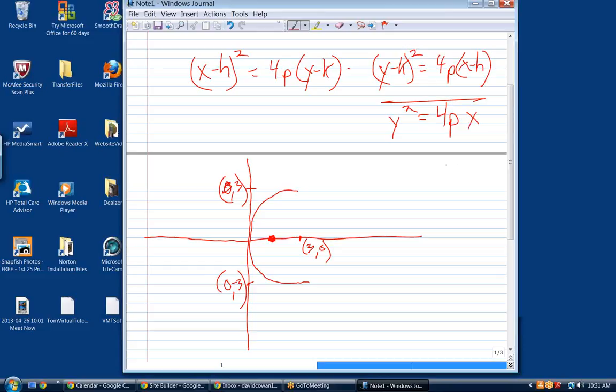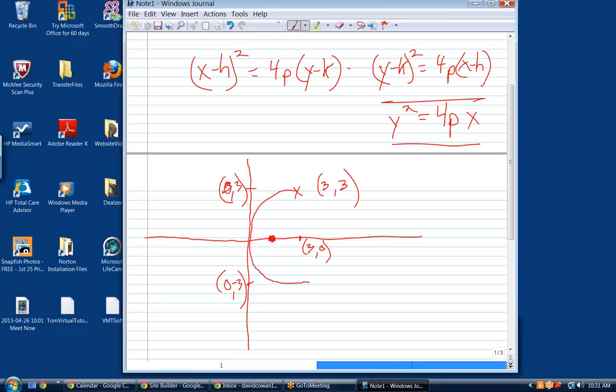Okay. Well, we know some points on this thing. Let's plug them in. We know that point's on the curve, correct? Yeah. So if I plug in the x and y coordinate into this equation, I'll solve for P.